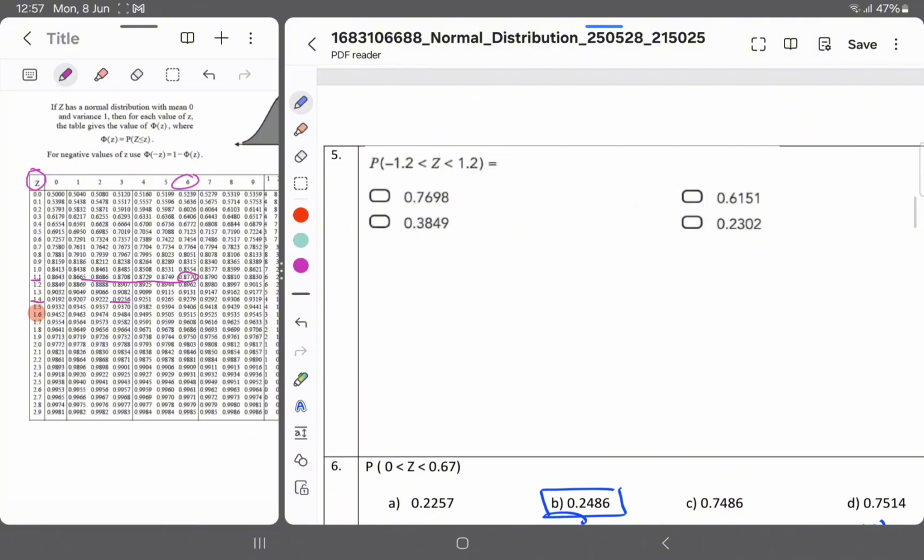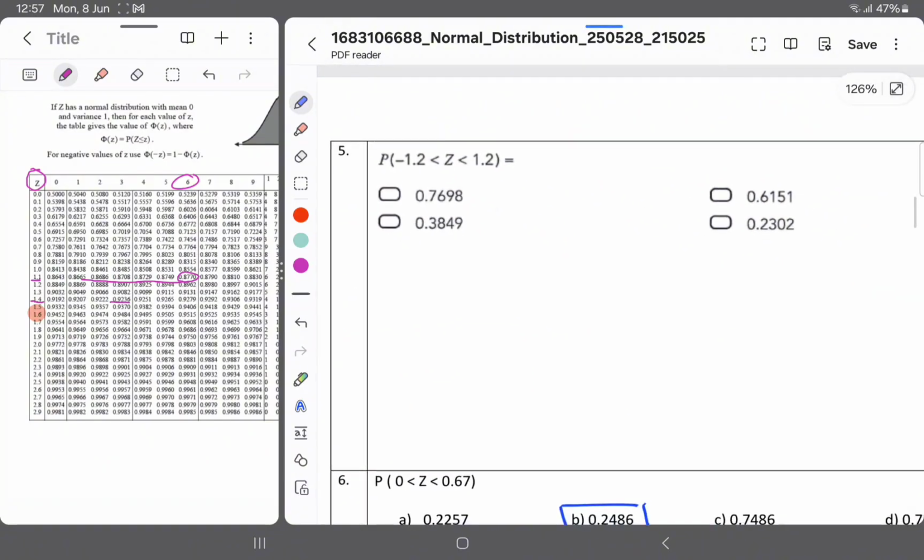Here I wanted to find the area between negative 1.2 and positive 1.2, and we noted that I have two values, one positive and one negative. So before, I gave you tips to represent the curve every time; it's better for you.